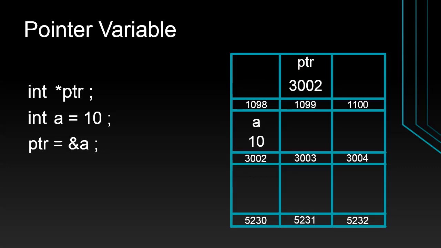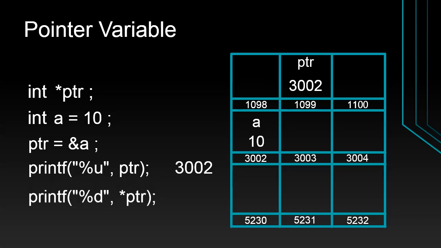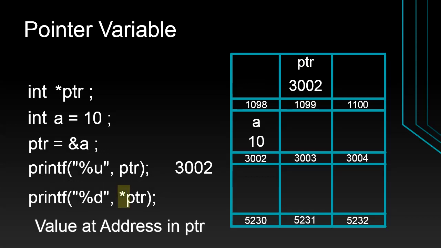We can access the data of a with this pointer variable. We use the pointer operator to achieve this. If I just print ptr, 3002 will be the output because the value of ptr is 3002. Now let's come to the next statement. It is read as value at address in ptr.